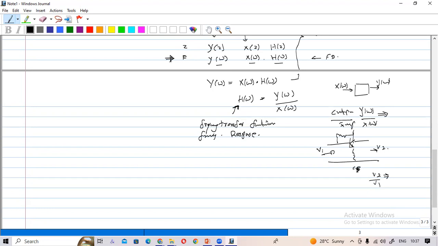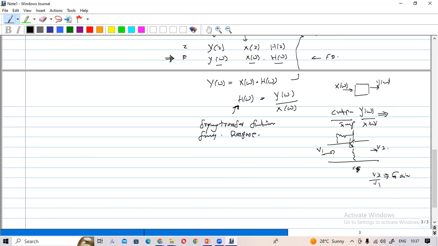This is what we call amplifier gain. We refer to this as gain.